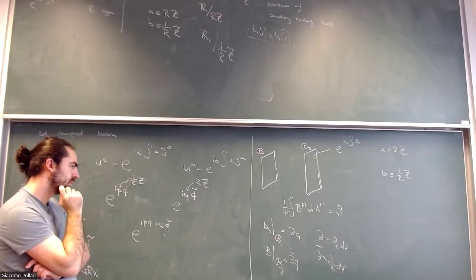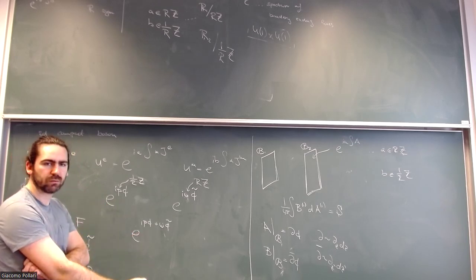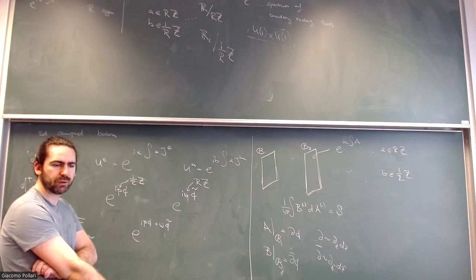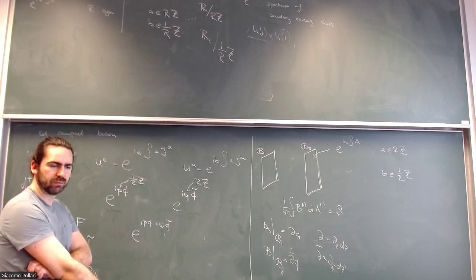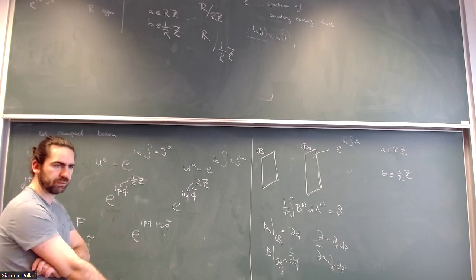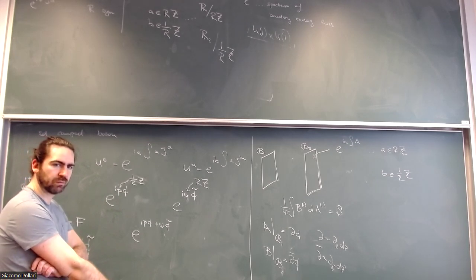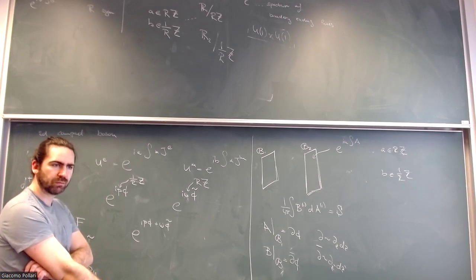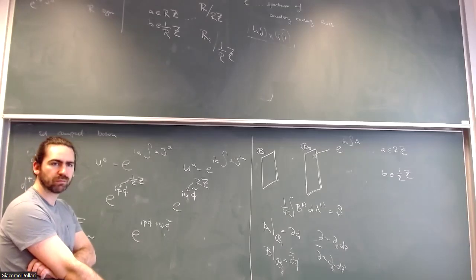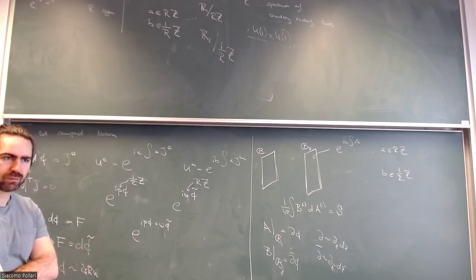Right, so I guess you get delta B A plus B delta A. Why would you get both? Just because you're varying both. You only partially integrate one of them, so on the boundary you have B delta A.